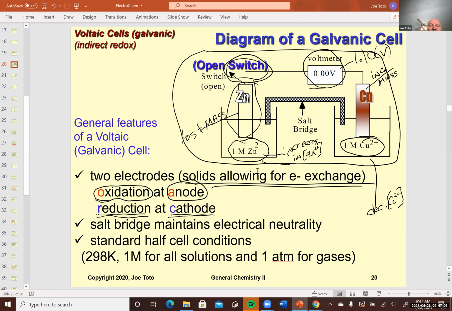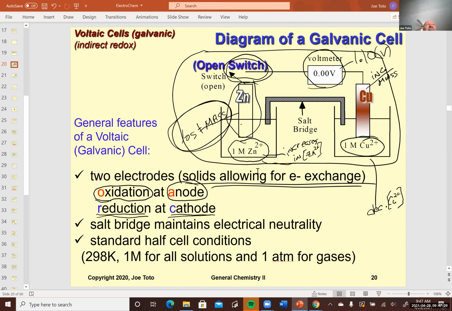For example, why do you think that the zinc gains mass? I'm sorry, it loses mass. Does it have something to do with the zinc being the anode? Yes, it does.